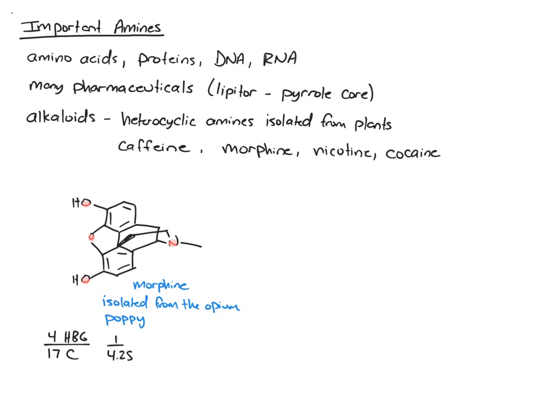This is right on the cusp of the rule of 4, the rule of 5, and morphine is in fact water soluble. So there's enough hydrogen bonding capable groups for the number of carbons to overcome the greasiness of the carbons to make it water soluble.